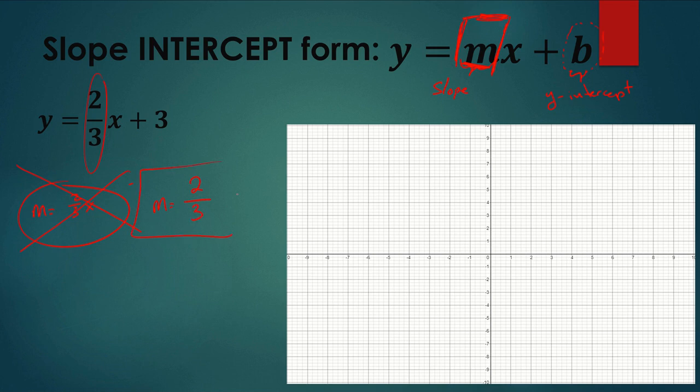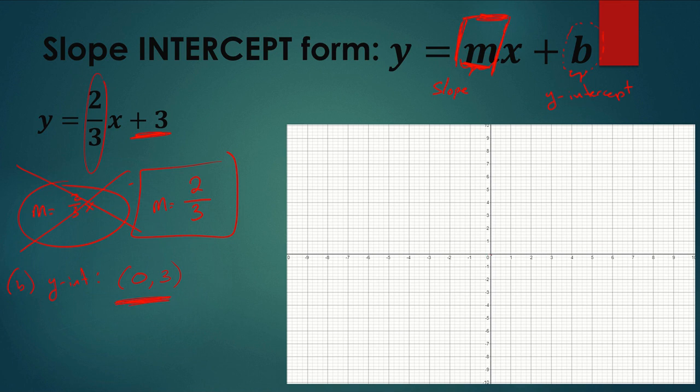Okay, so in this case, my slope is positive 2/3, and my y-intercept, or my B value, is 3. Remember, for the y-intercept, the X value is 0, and the y-intercept, in this case, is 3. And so I have my first point. If I wanted to graph this equation, the first point I would put is (0, 3).